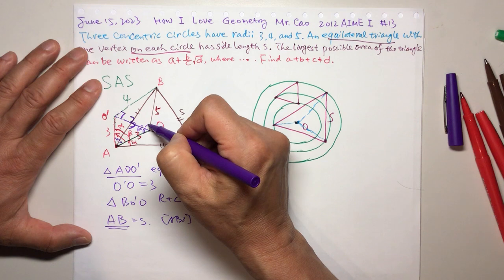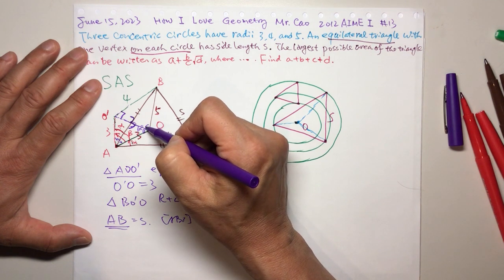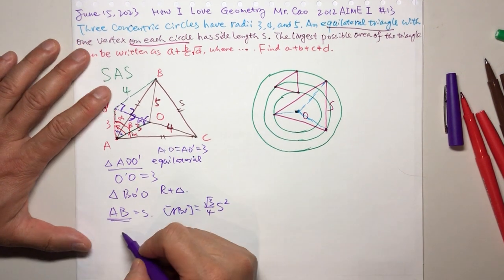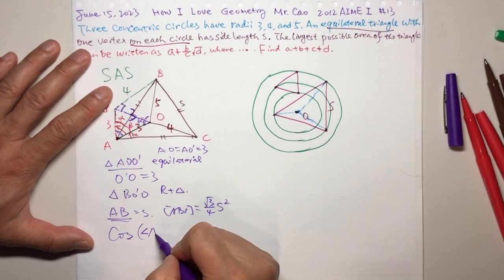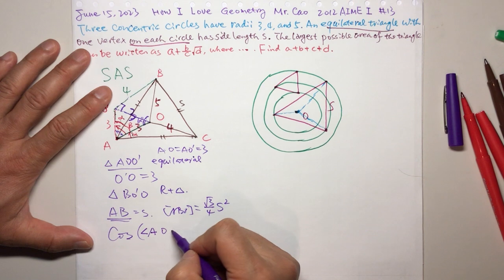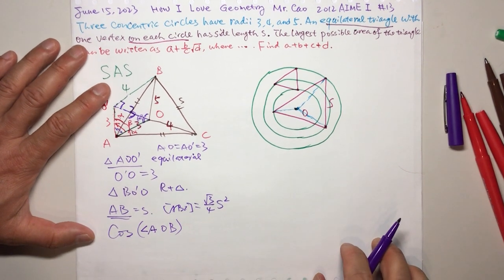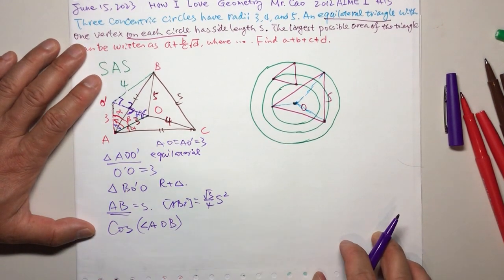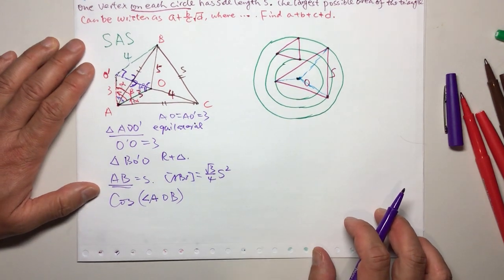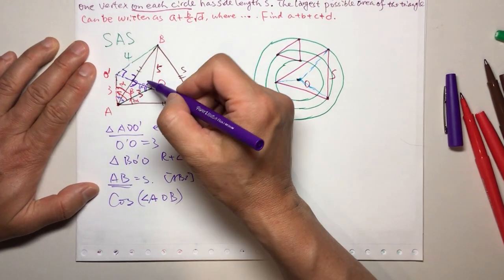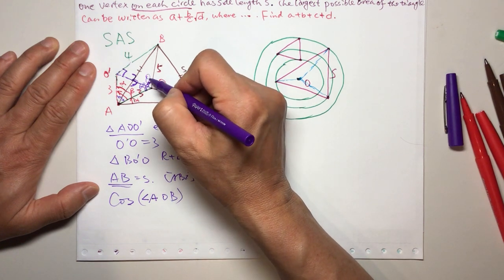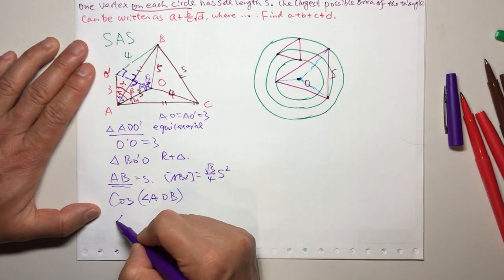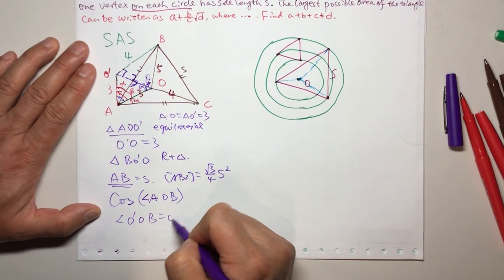If we know the cosine of angle AOB, then we can find s squared. Now this angle has two parts, and let me say angle O prime OB equals theta.